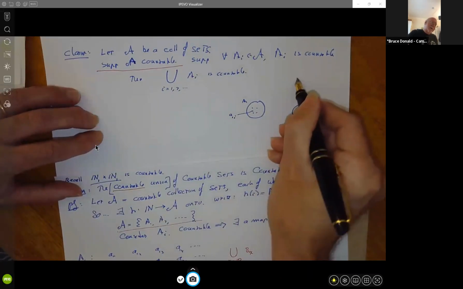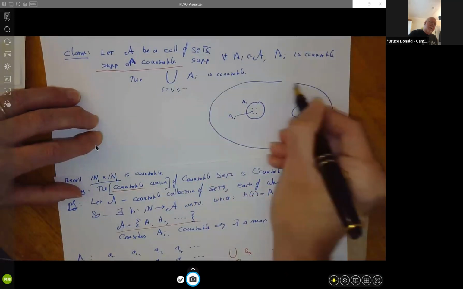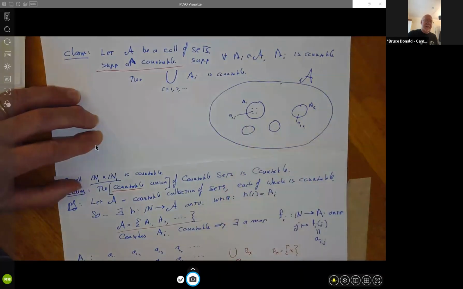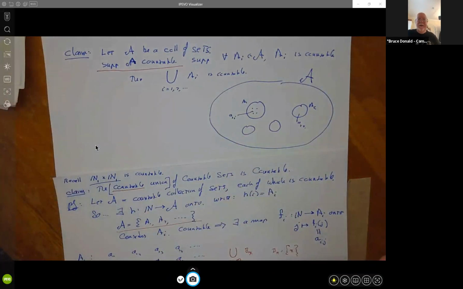But what we're talking about here is the structure of the set curly A, which has a countable collection of these little sets, and we're flattening the hierarchy, so to speak. So this is like a flattened operation. Does that make sense?